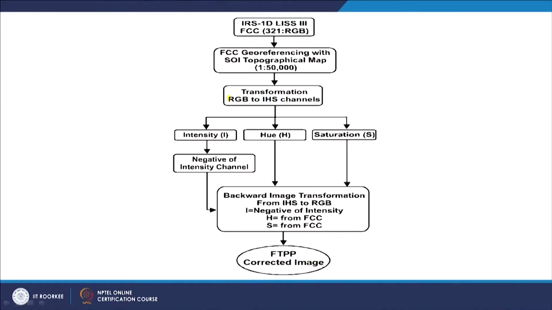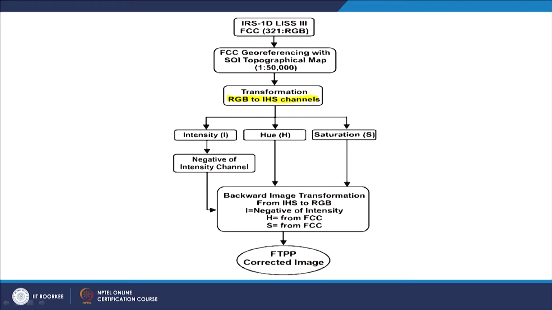This is what we have done. A color composite, a false color composite, is a typical RGB image. So, what we can do is split that RGB into three different channels. When we were discussing color space, we discussed that within the color cube, we can use various planes to project our image or data.